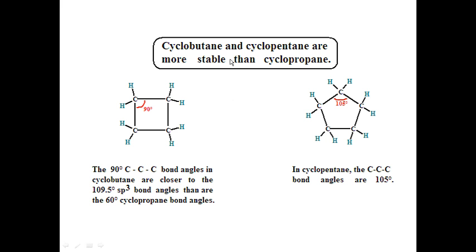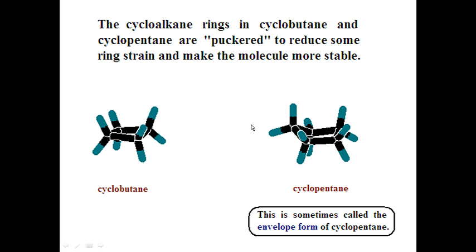Well, it turns out that these are stable. These are more stable than cyclopropane because they can do what's called puckering. Okay, and I said that word very carefully. So this is a cyclobutane, and notice that the cyclobutane does not have all 4 carbons in the plane.